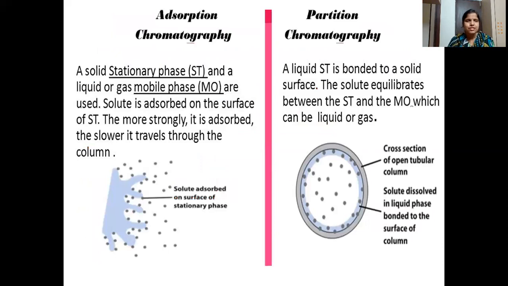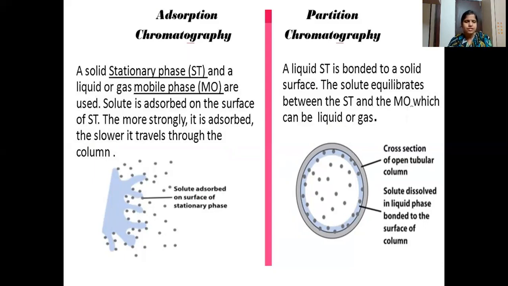Now in the next slide, you can see the difference between adsorption and partition. As I said, in adsorption, this blue colored part is the stationary phase, and these are the solute particles, or the different components present in a mixture. You can see they are getting adsorbed onto the surface of the stationary phase.